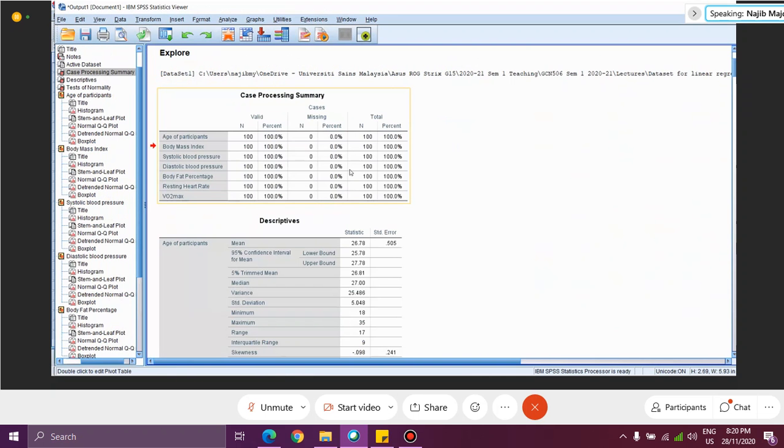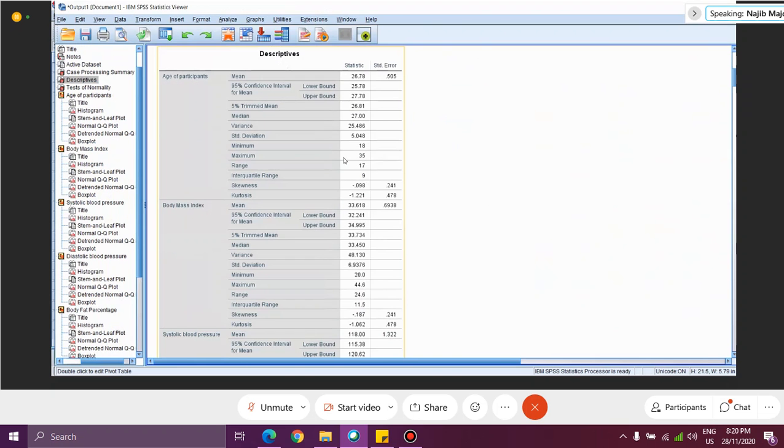So the first table, case processing summary, will show you whether there's any missing data or not. Then the descriptive table, this one to examine the distribution of each numerical variable.